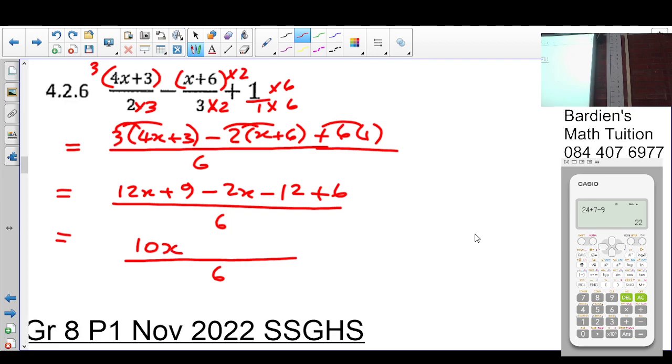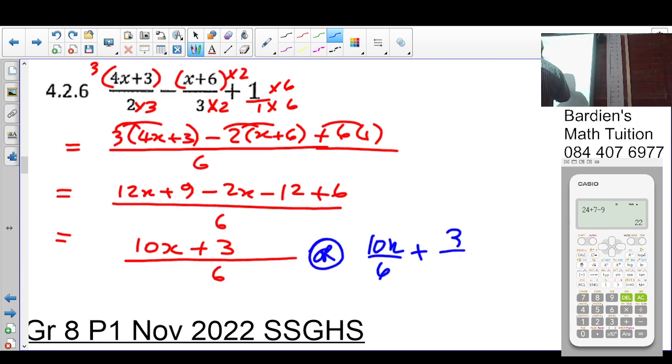What's 9 minus 12? Negative 3. Plus 6? Positive 3. Okay. Now you can write it over its own. But there wasn't marks allocated for this. But if you had done this, it's also fine. Okay.